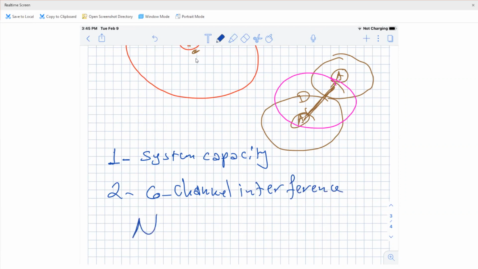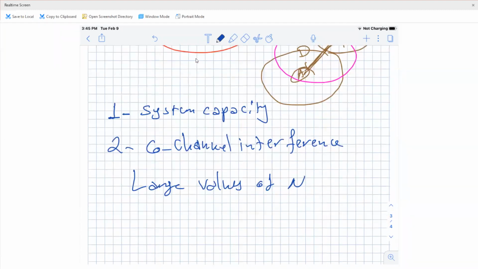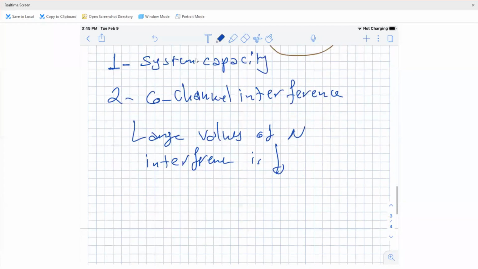Now, large values of n mean that interference is decreased, while small values of n mean that capacity is increased.